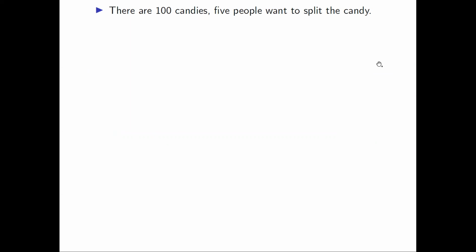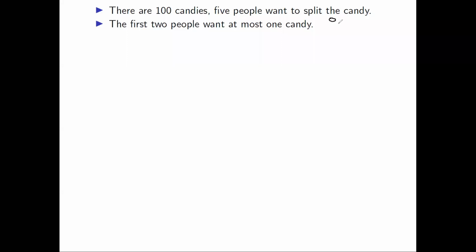Suppose that we have a total of 100 candies, and there's 5 people who want to split the candy. And each of these 5 people has certain rules about the number of candies that they want to get. We'll assume that the first 2 people both want at most 1 candy. So both of them are fine with 0 or 1 candies.